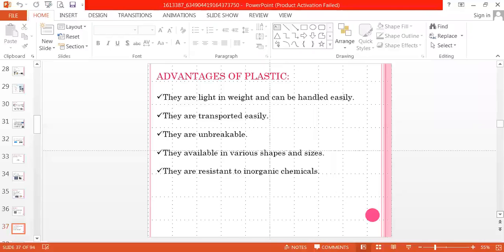Plastics have another advantage that they are transported easily because of their light weight. Then they are flexible and unbreakable in nature. Plastics are available in various shapes as well as sizes, and they are resistant to inorganic chemicals. So these are the advantages of plastics.